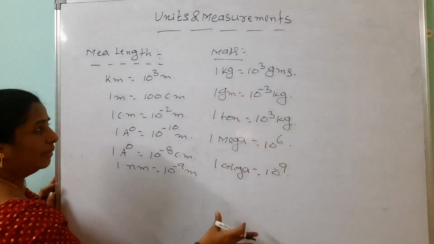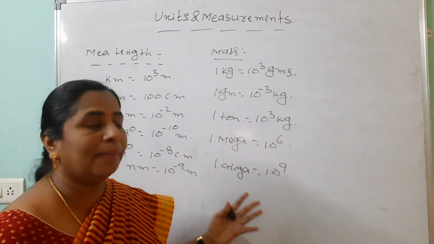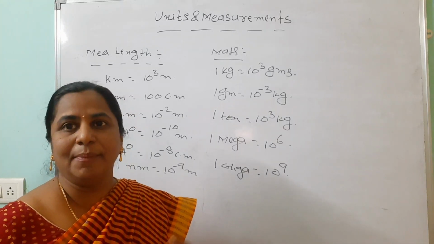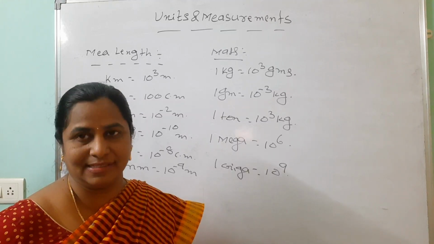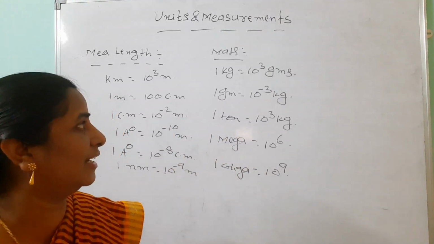So we can measure heavy weights, and small weights also. Microgram means 10 to the power of minus 6, milligram means 10 to the power of minus 3. These belong to conversions.